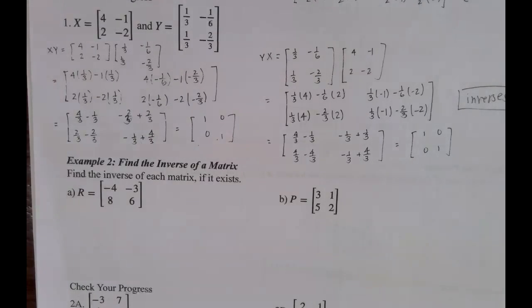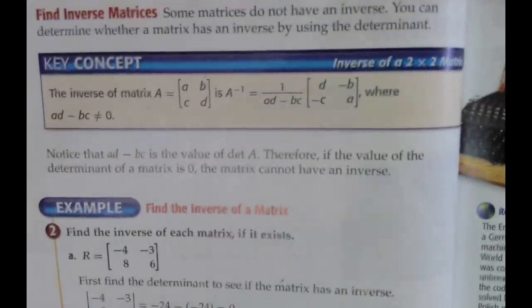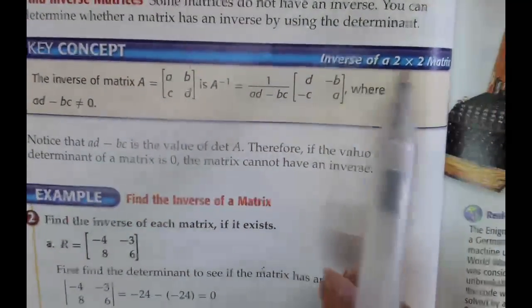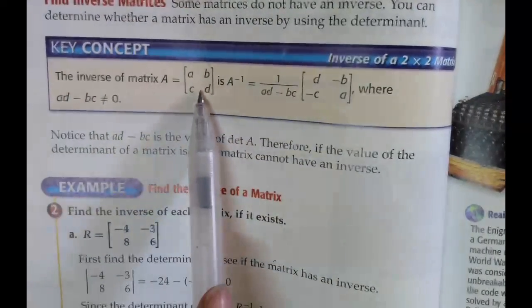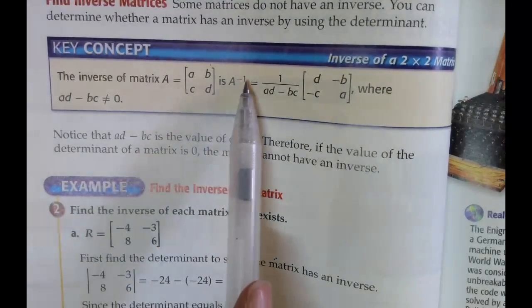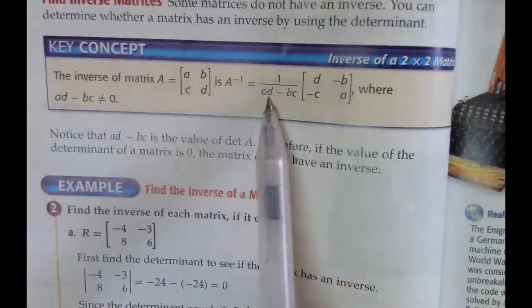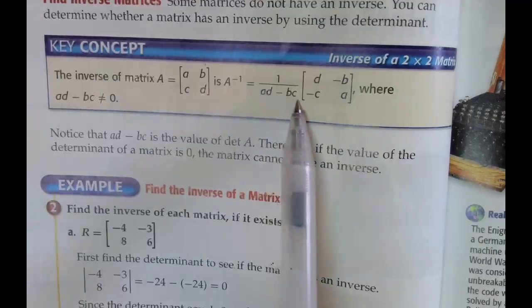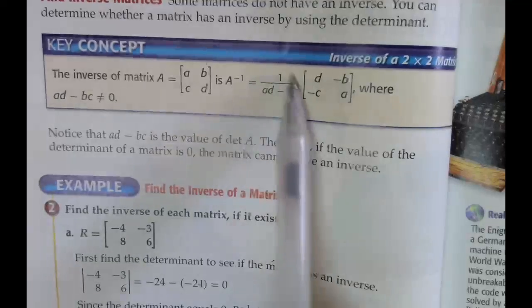Now we're going to talk about actually writing the inverse of the matrix. We're only going to be doing it for the 2x2 matrix. So the inverse of a 2x2 matrix, note that if A is the main matrix, A to the negative 1 power, or we call it A inverse, would be 1 over the determinant, which we know is AD minus BC, multiplied by the matrix, so this becomes a scalar.